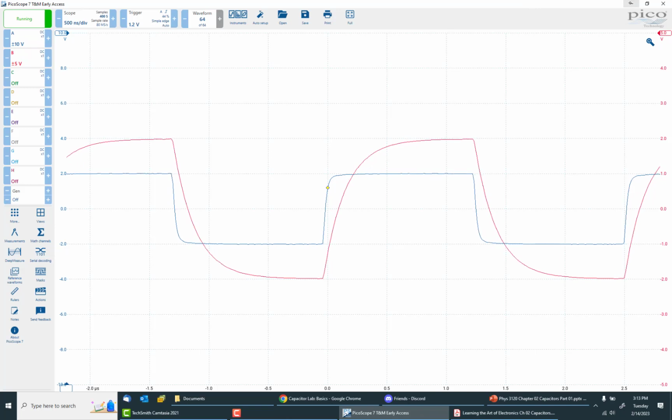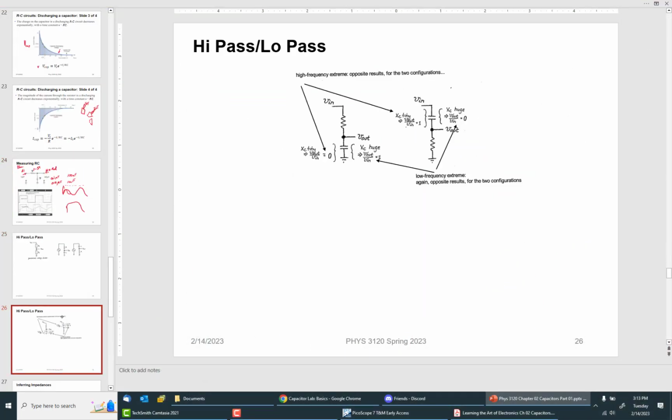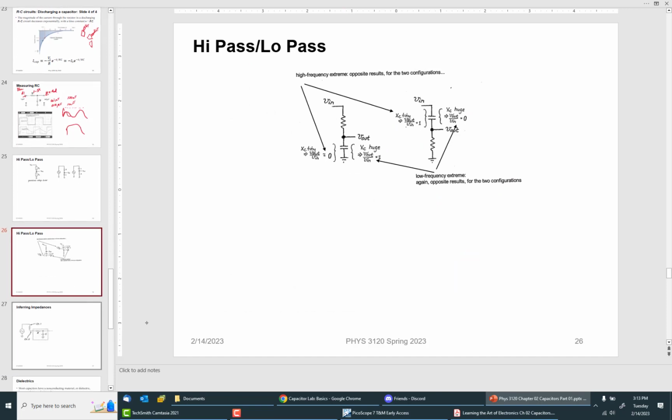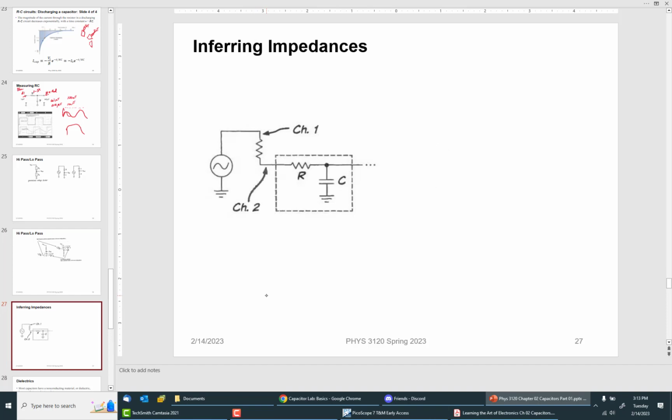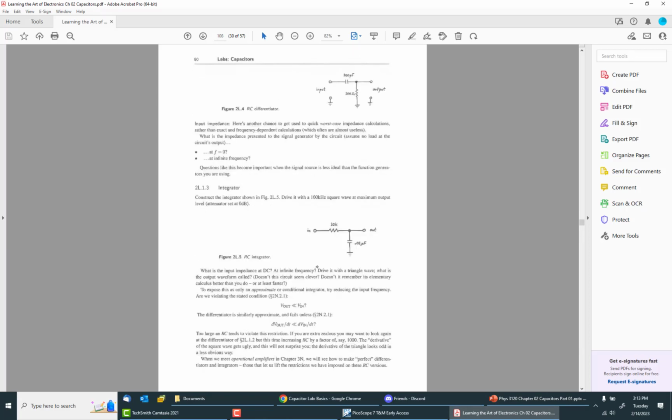All right, so let's take a look here. We have high pass, low pass. Maybe this is not the time yet. Let's look at the text. How do we measure? Let's go back to the book. First they want you to try to measure the time constant.